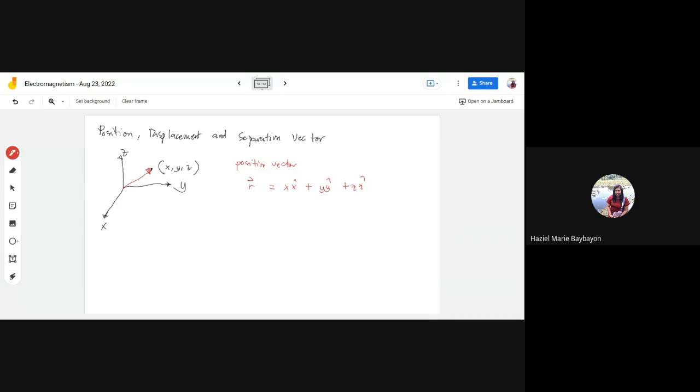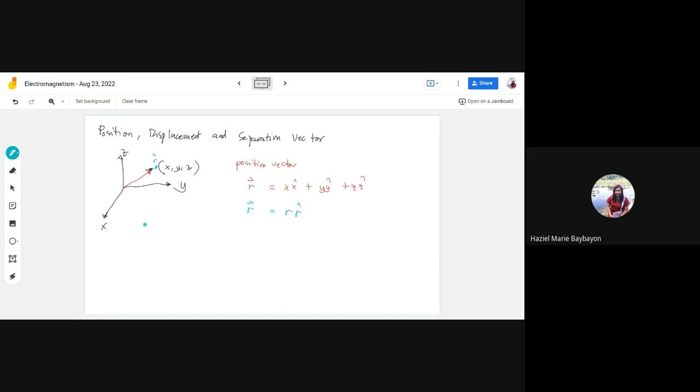So say for example, you have a unit vector r hat, which of course has a magnitude equal to 1, and has the same direction as the position vector, so that your position vector r can be written as r, the magnitude, times r hat. Okay?